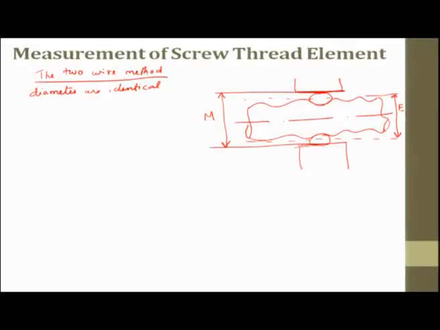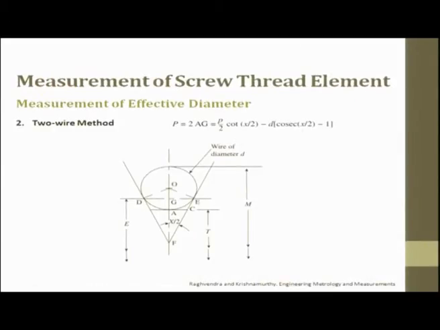If we wanted to find out the P, I will go to this diagram. Then here I will try to derive the entire thing. If we want to find out the equation, we take a triangle OFD, triangle O, F and D. In this triangle, OF is equal to D by 2 cosecant x by 2.